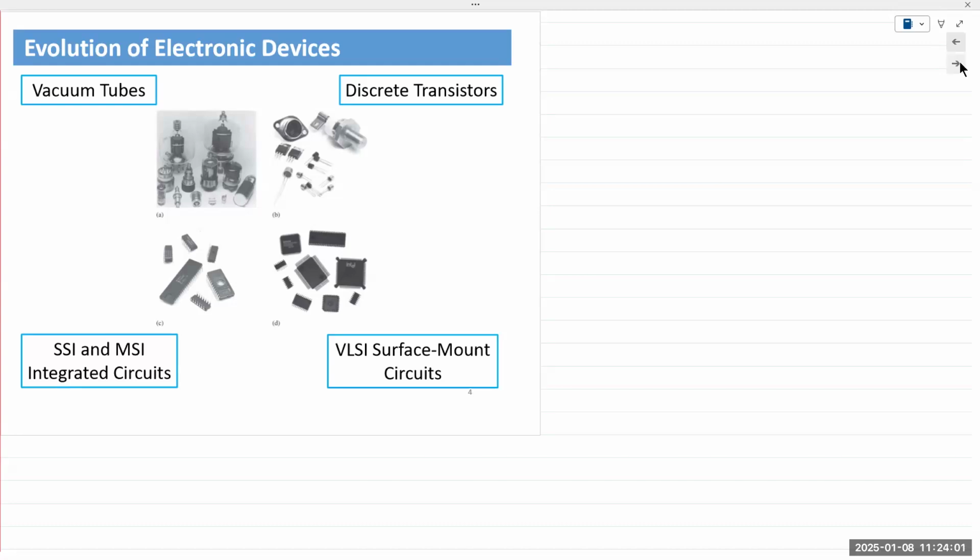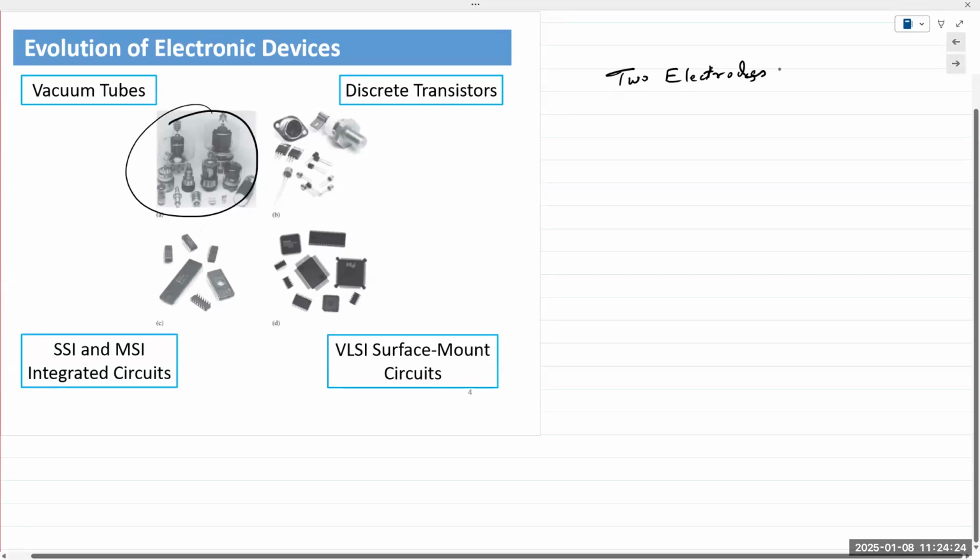And the earliest vacuum tubes had 2 electrodes in them, okay? 2 electrodes. So you see those right here. As I said, the first vacuum tube had 2 electrodes in them.